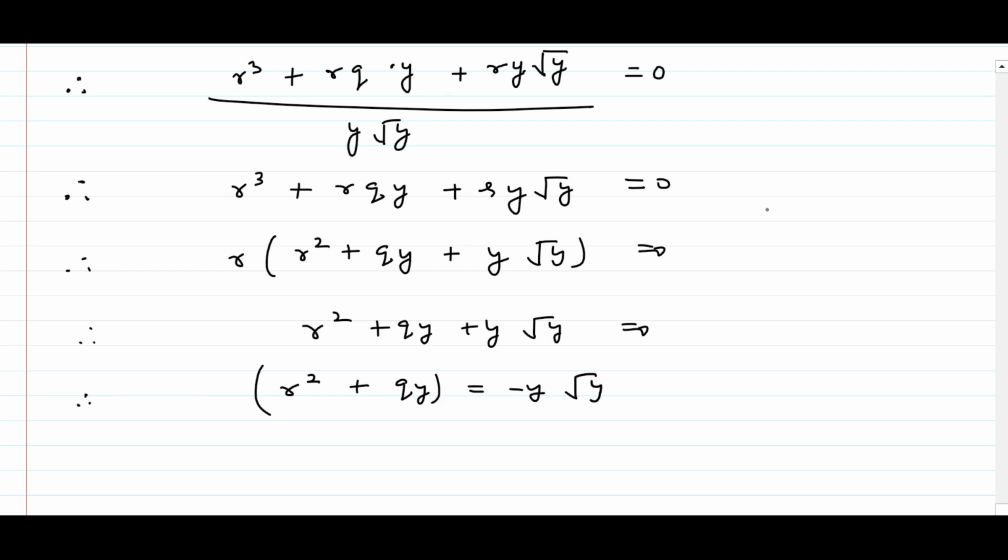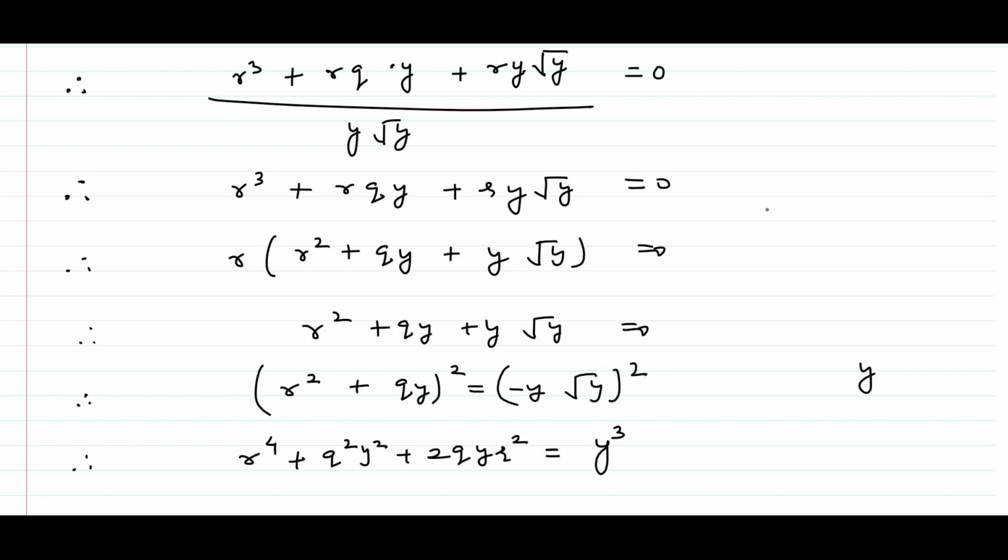Now take the whole square on both sides. After taking the whole square, the radical will be removed. So here will be r to the power 4, a plus b to the whole square will give r to the power 4, q square y square plus 2 times of q y r square is equal to y root y to the whole square, it will give y to the power 3.